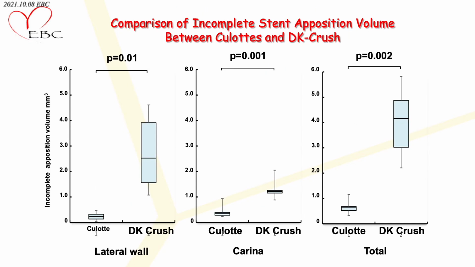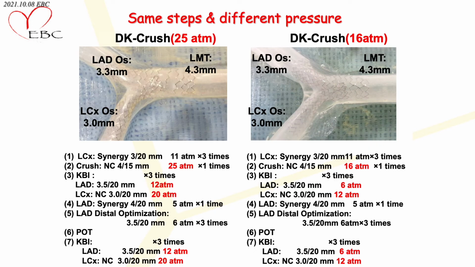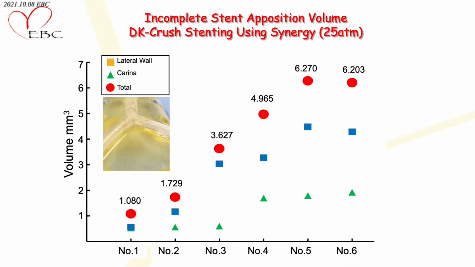Compared to the Culotte stent group, the DK crush group was higher in all incomplete stent apposition volume in the lateral wall and carina. Next, the effect of the difference in pressure on the stent apposition was evaluated. In the high-pressure DK group, there was considerable variation in the result too.